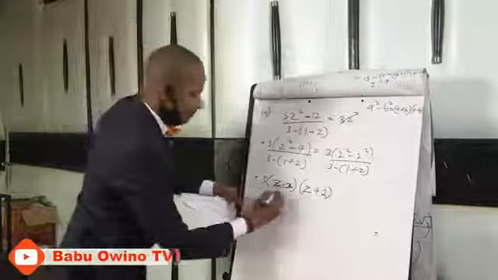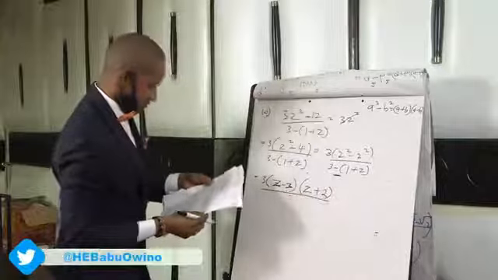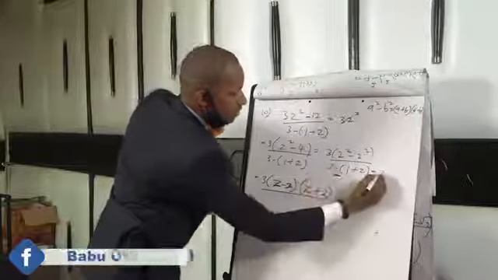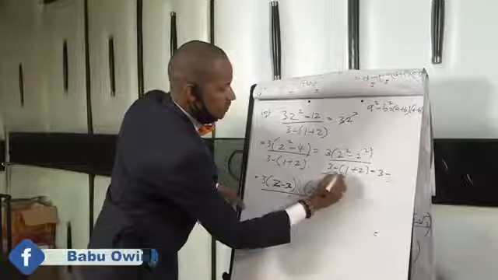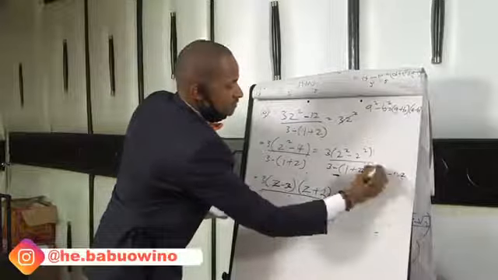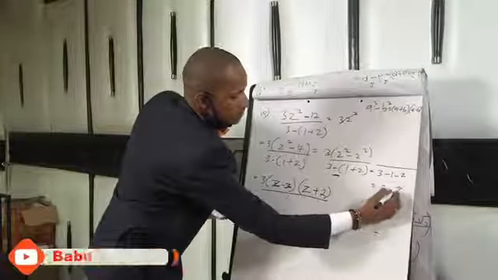Divided by, when you open up this, it becomes 3 minus 1 times 1 is minus 1, minus 1 times z is minus z. So this becomes 2 minus z.